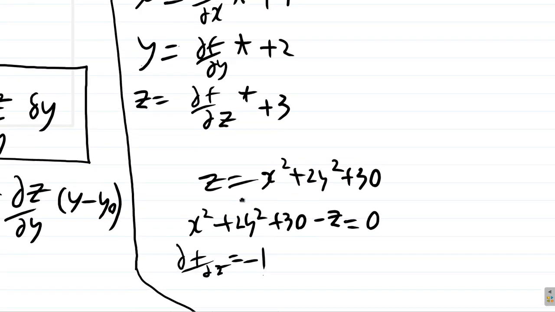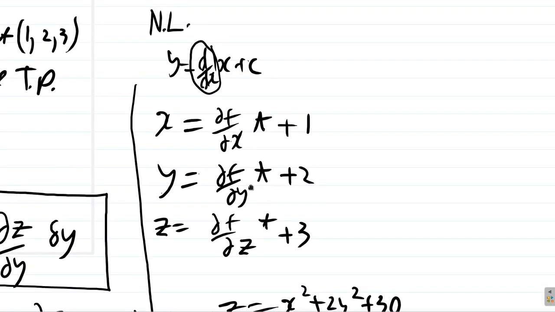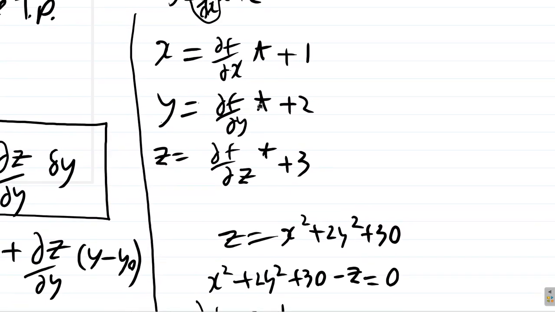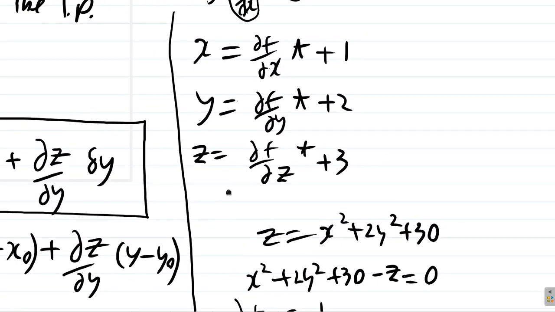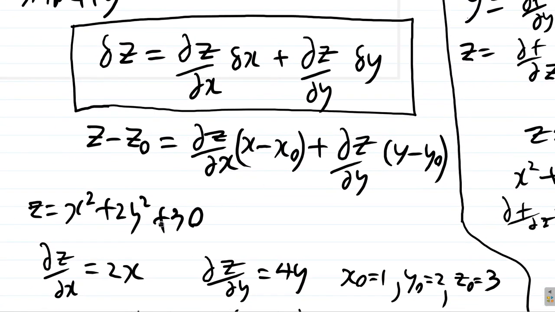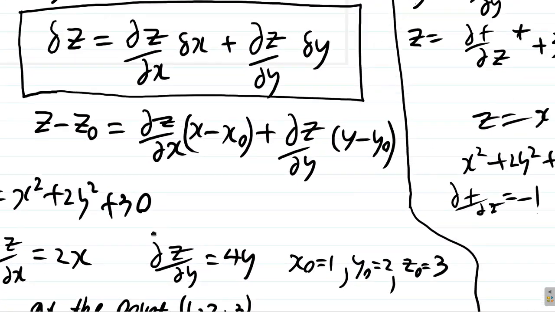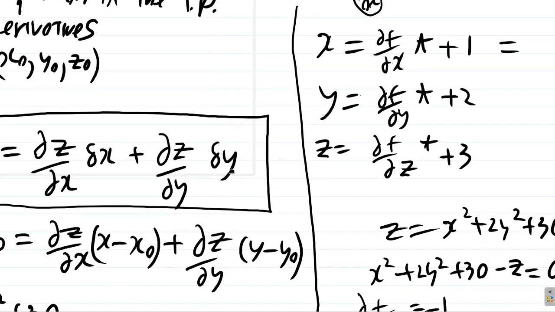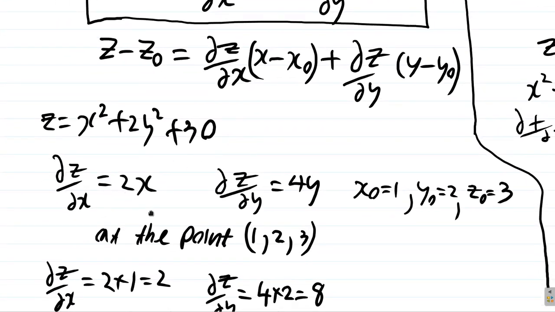So now, what you will find is that for the delta f by delta x at this point, we did something with it already. It was 2x.